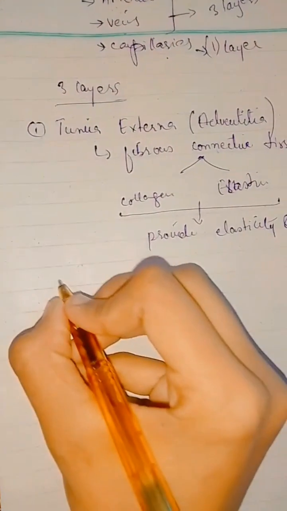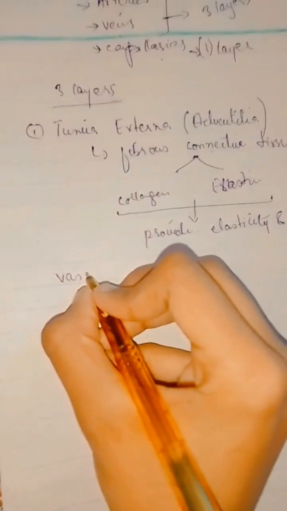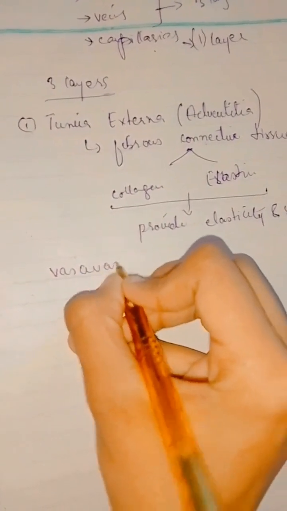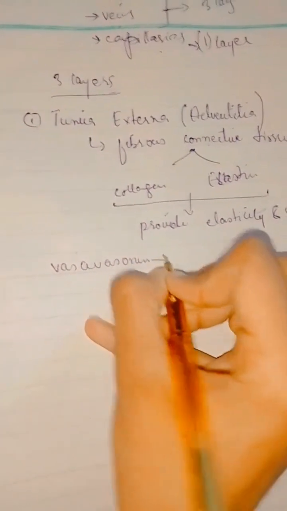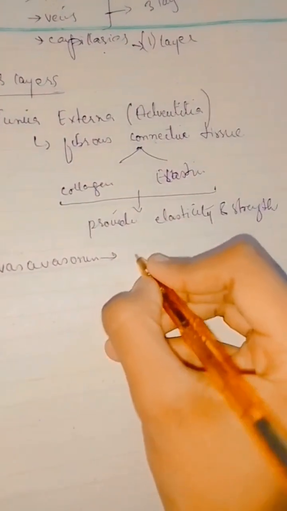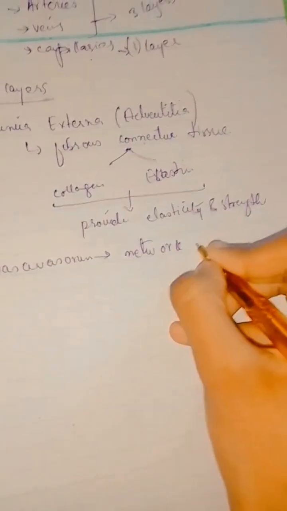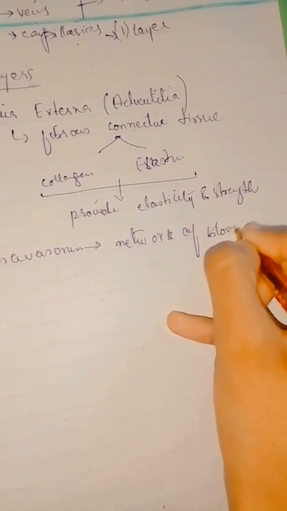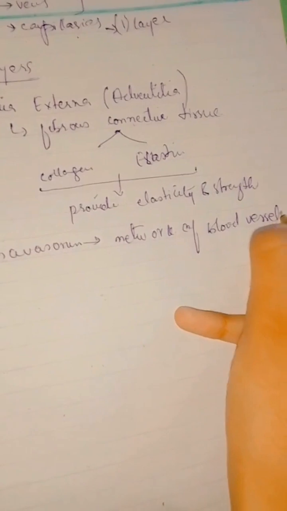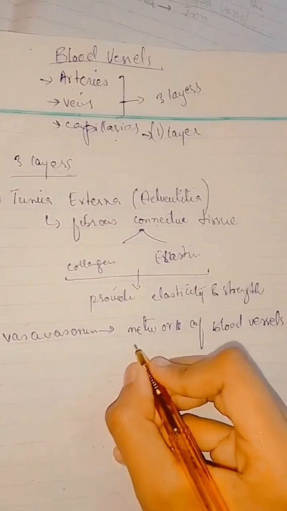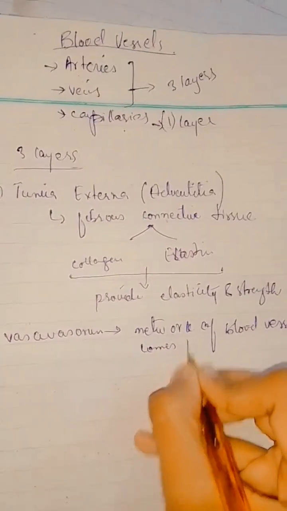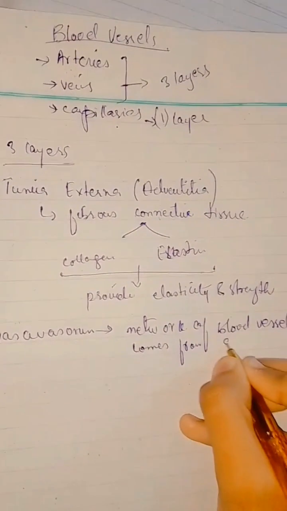If we talk about the vasa vasorum, it is basically a network of blood vessels that basically comes from the aorta of the heart.